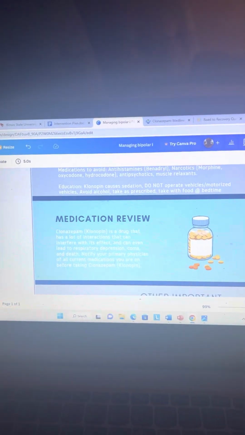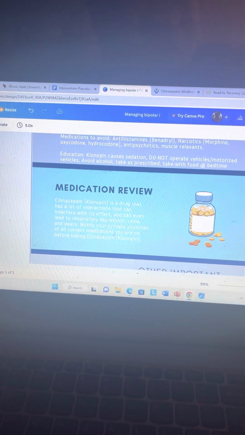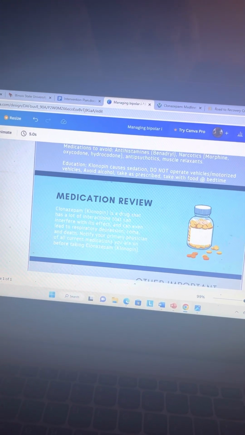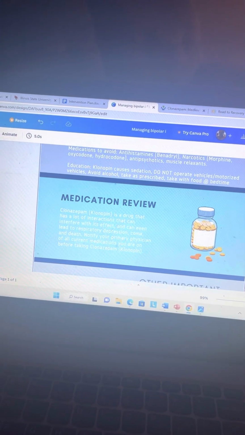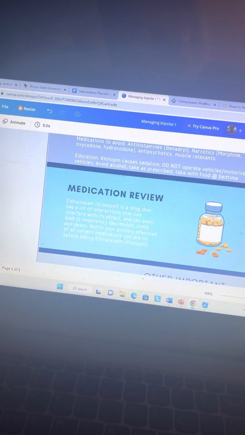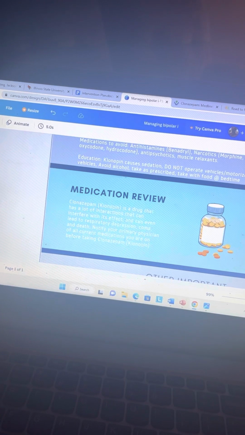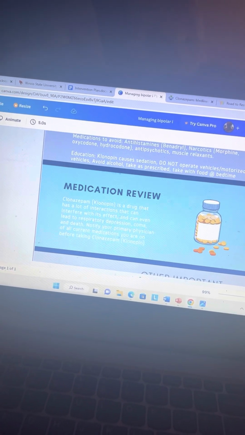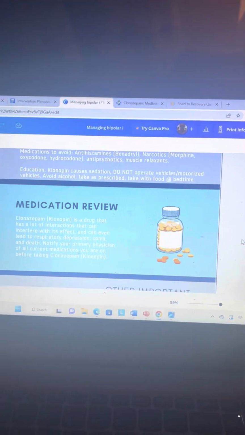And then I go on to medication review. I say, we know that this medication has a lot of interactions. So the first thing I'm thinking when I talk to my patient is that I'm going to want to know what medications they're on. I'm going to want to know their over-the-counter medications, prescribed meds, herbals, vitamins, supplements, all things of that nature.